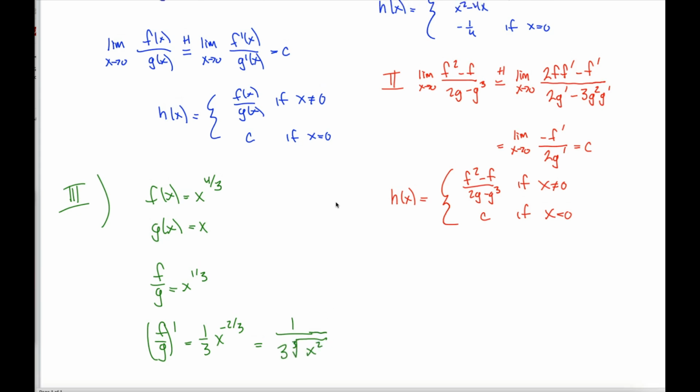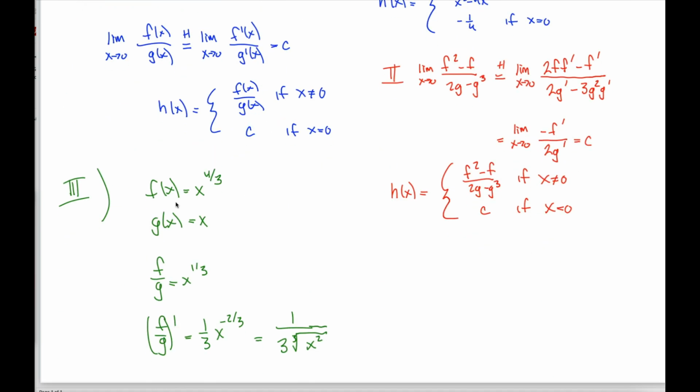Let's first make sure that we satisfy all the criteria in the problem. If f of x is x to the 4/3 power, f of 0 is 0 to the 4/3 power, which is equal to 0. That's good news. If g of x is x, g of 0 is equal to 0. That's good news as well. The other criteria that we need to satisfy is to make sure that g prime of 0 does not equal 0. Well, g prime of x is the derivative of x, which is just 1.